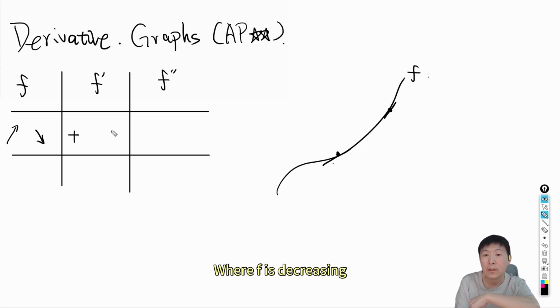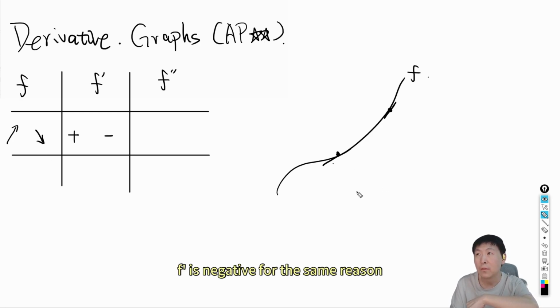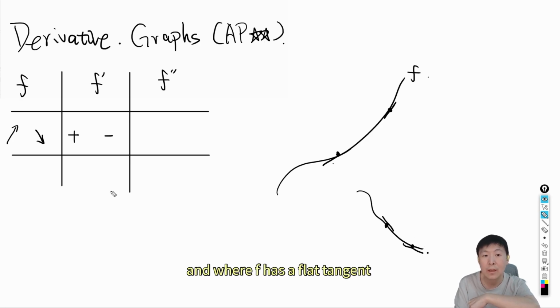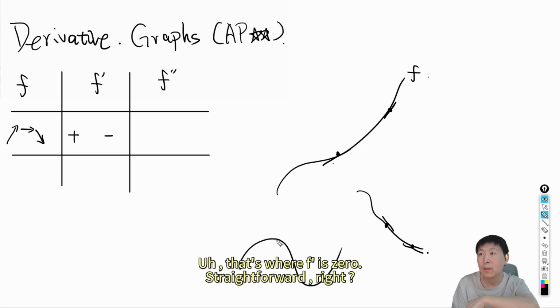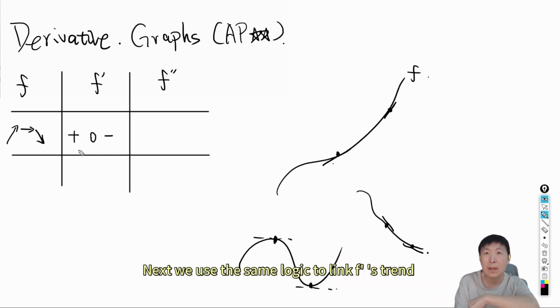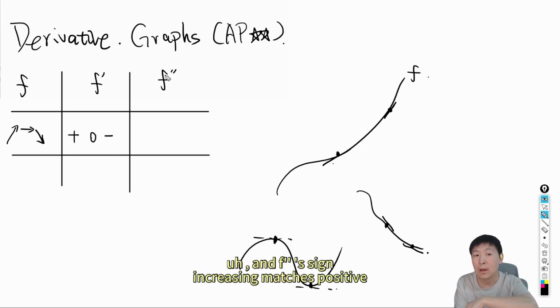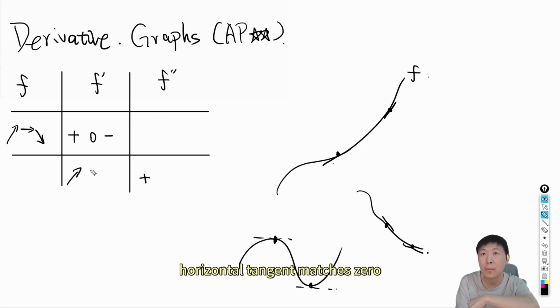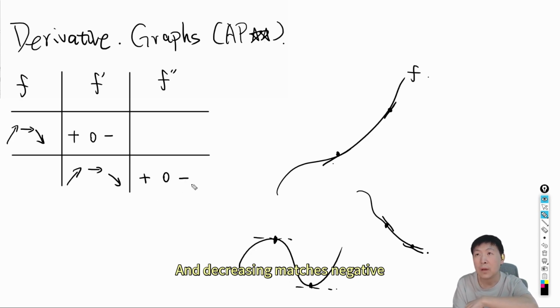Where f is decreasing, f prime is negative for the same reason. Downhill slopes are negative. And where f has a flat tangent, that's where f prime is 0. Straightforward, right? Next, we use the same logic to link f prime's trend and f double prime's sign. Increasing matches positive, horizontal tangent matches 0, and decreasing matches negative.